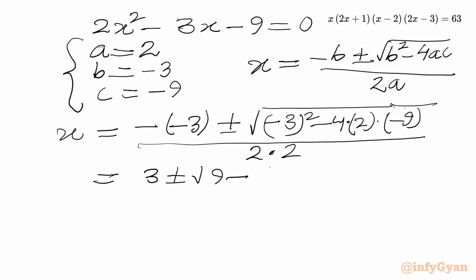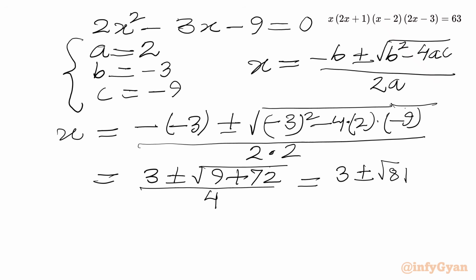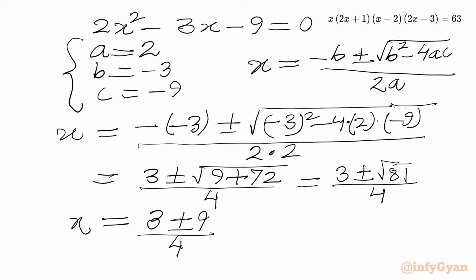Minus times minus becomes plus. 4 times 2 is 8. 8 times 9 is 72, over 4, which will be equal to 3 plus minus square root 81 over 4. So x will become 3 plus minus square root 81 is 9, over 4.